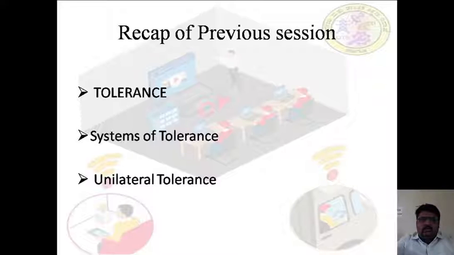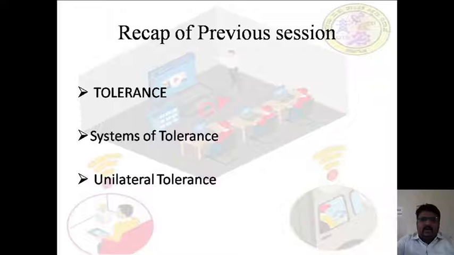There are two types of tolerances, that is unilateral tolerance and bilateral tolerance. In unilateral tolerance, the dimension of a part is allowed to vary on only one side of the basic size, that is, the tolerance lies only on one side of the basic size, either above or below it.